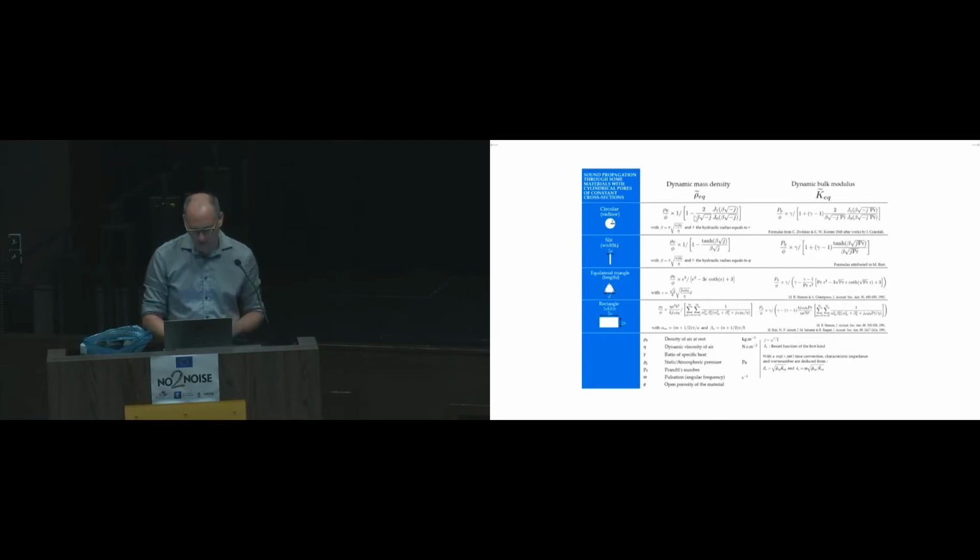Or maybe this one, the dynamic mass density, is from another person who inspired the work by Zwikker and Kosten, which is Crandall, who published his work in 1923. He said, I will not look into the details about the bulk modulus.